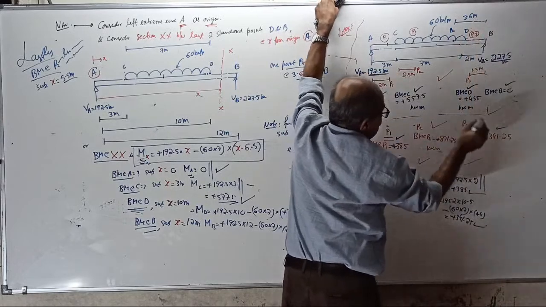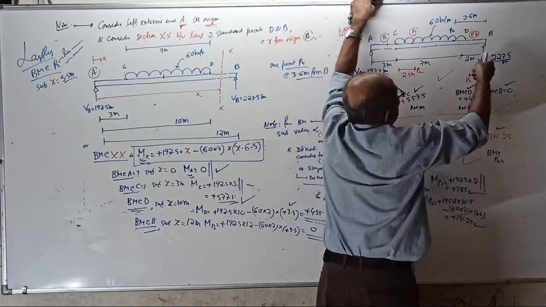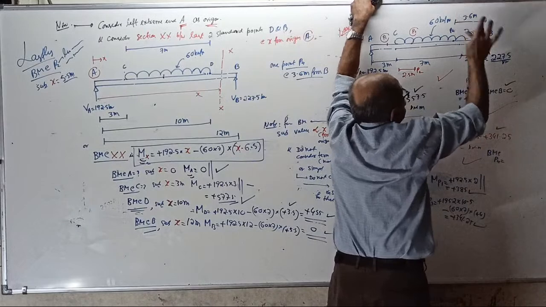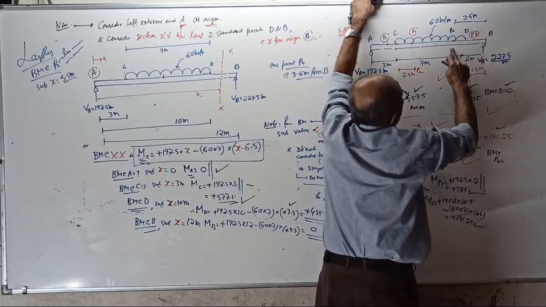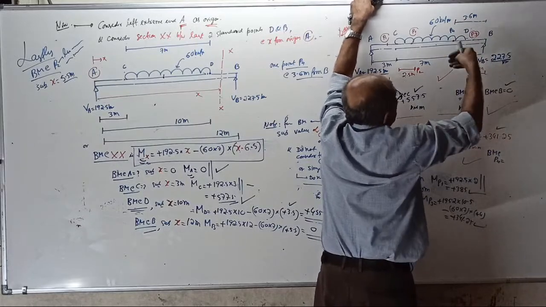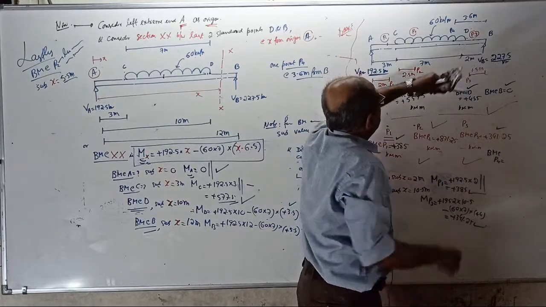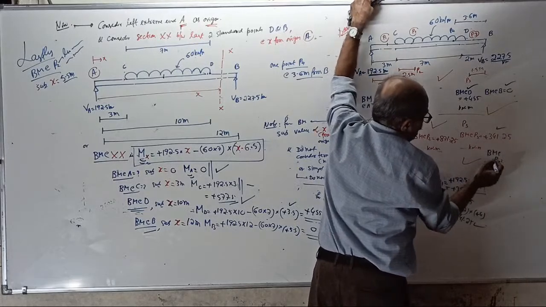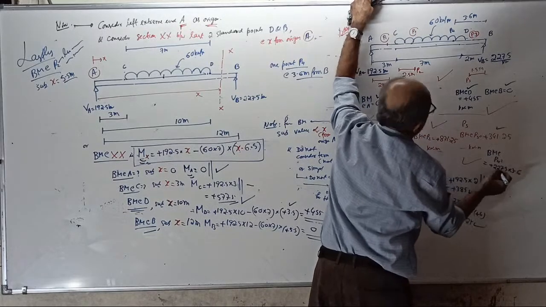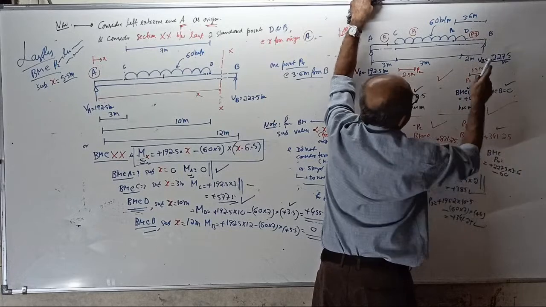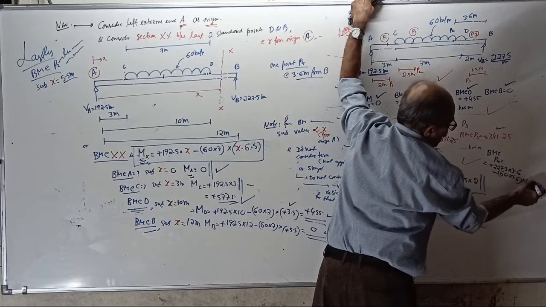Tell me now, from basic calculation, what is the BM at P4? From basic calculation, plus 227.5 into 3.6 minus 60 into 1.6 into 1.6 by 2, where this is 2, this is 3.6, and this is 1.6.